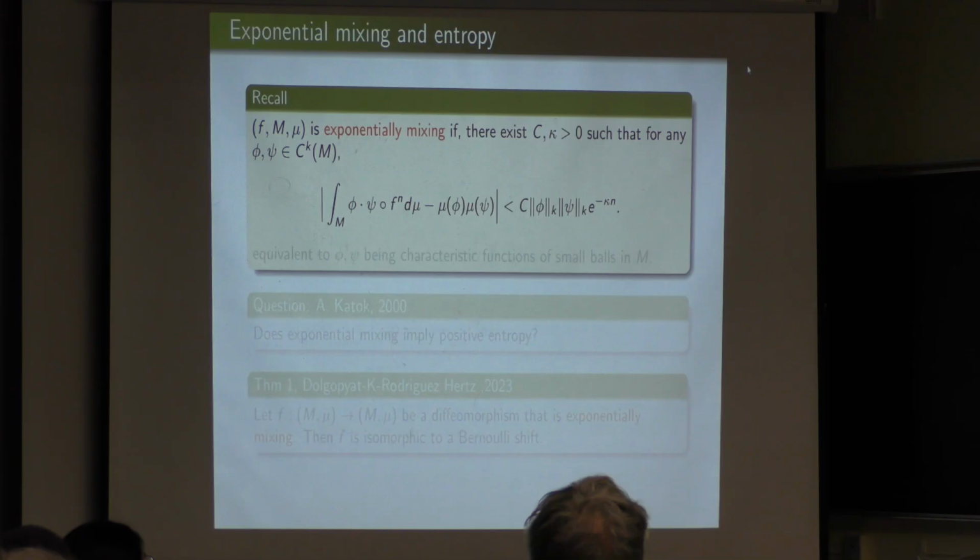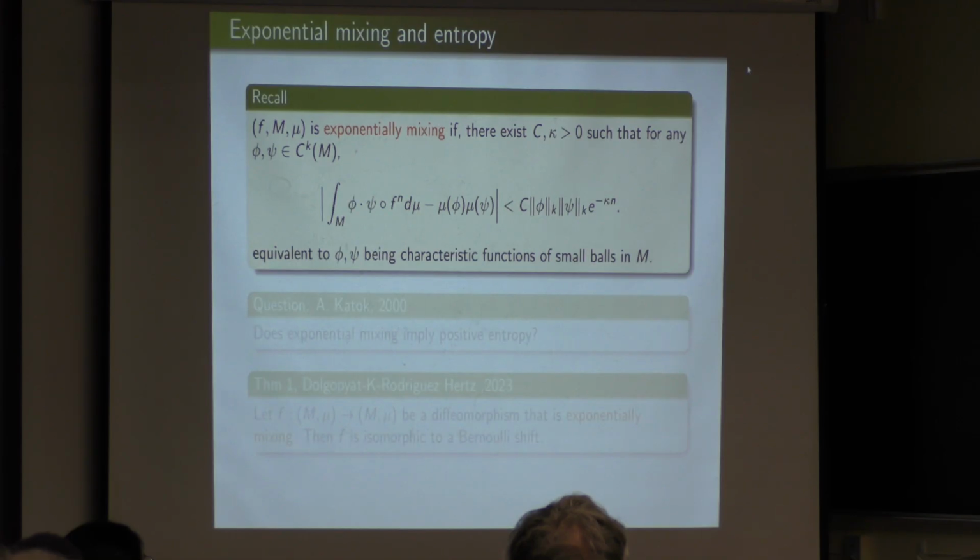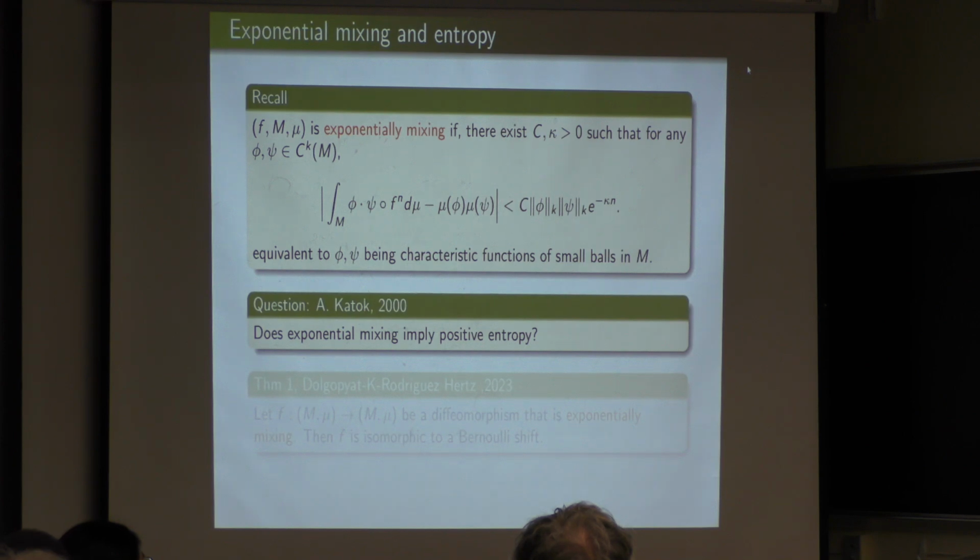The system is exponentially mixing if correlations, where I take two observables, subtract their means, and iterate them n times, decay exponentially with some exponent kappa. It's equivalent to talk about observables or about balls in the space, which was what we did before. And one question that Katok asked was, does exponential mixing imply positive entropy?